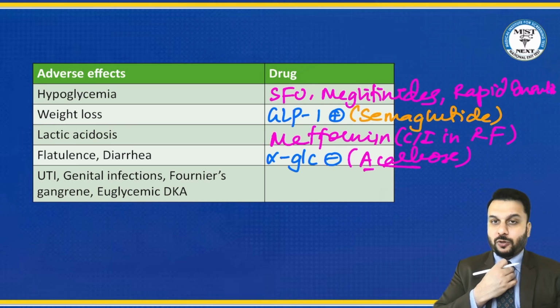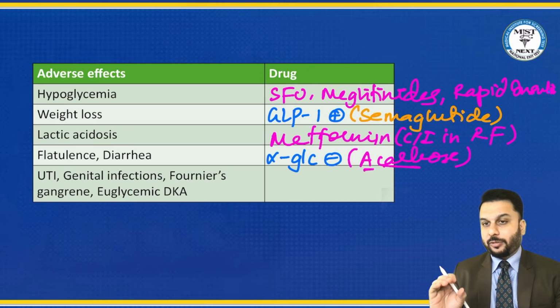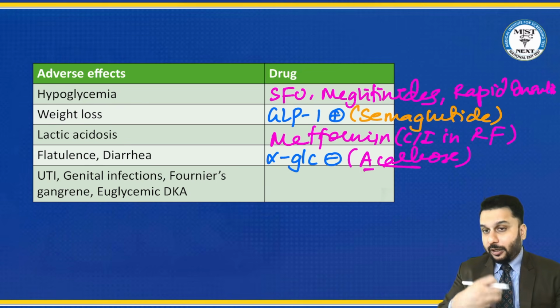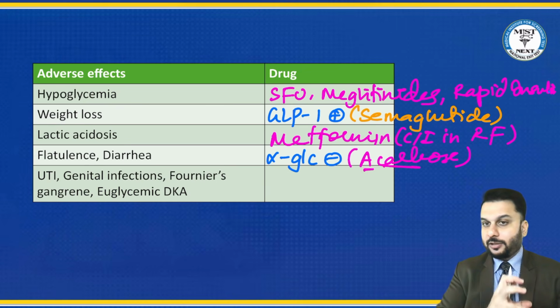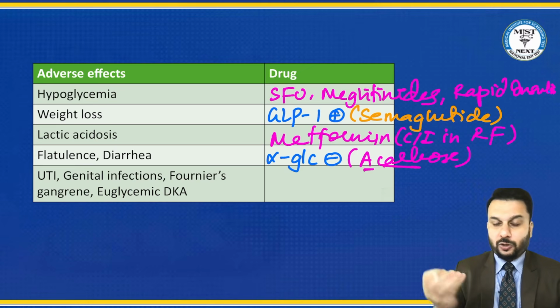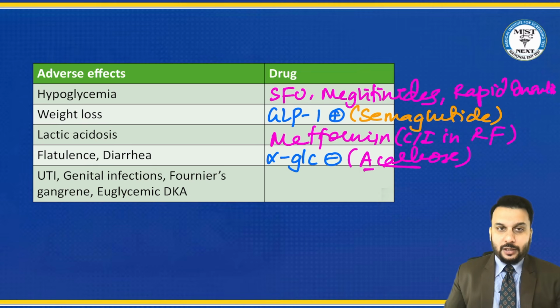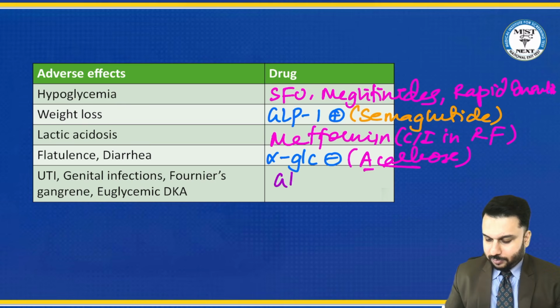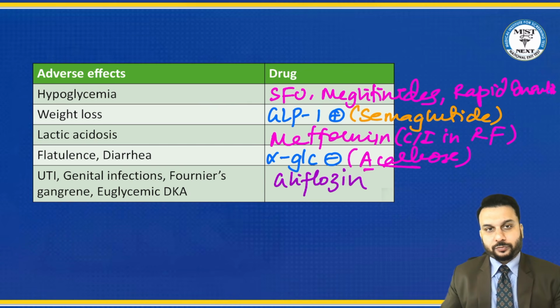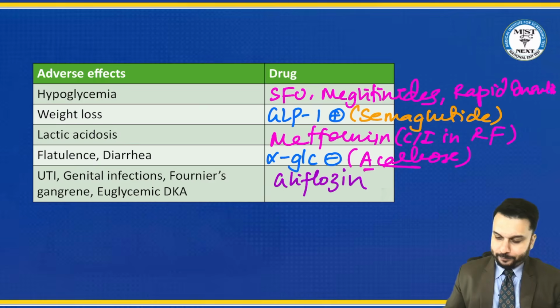And if glucose does not get absorbed, it will be in your GIT, and in the GIT, it will end up causing that flatulence and diarrhea. Okay. Next is UTI, genital infections, etc. This we just now mentioned. This is by gliflozins.